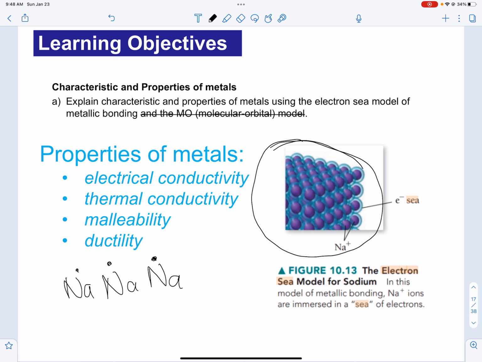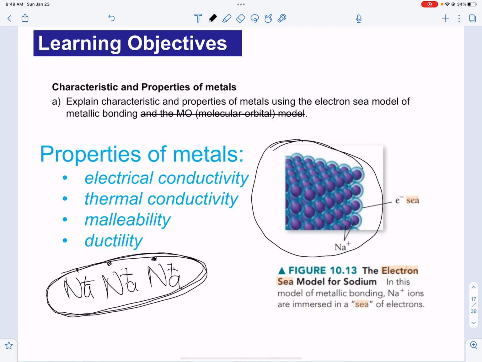So the way this theory explains metals, and metals is different because most of the metals contain d orbitals and so on, is that what's going to happen is these electrons are going to be fluctuating all around the atoms. So it's going to have like an ocean of electrons with a bunch of cations on the inside.